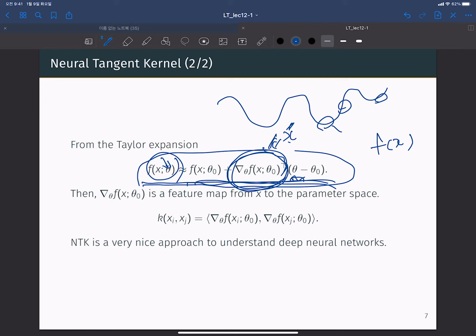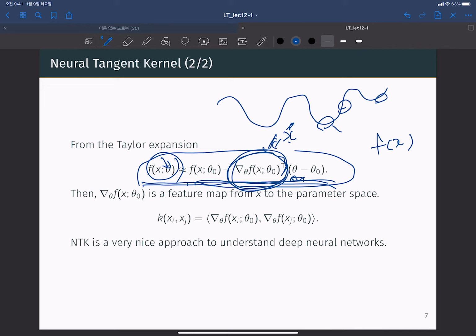So the neural net function can be approximated by this tangent function, and this tangent function tells us it looks like this neural net regression problem looks like a linear regression with expanded feature map and feature expansion, and the feature expansion map is the gradient.